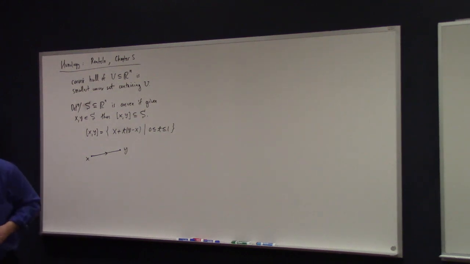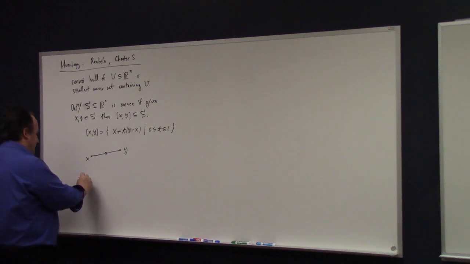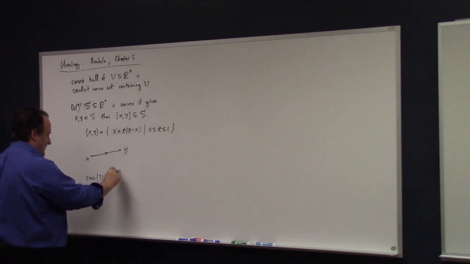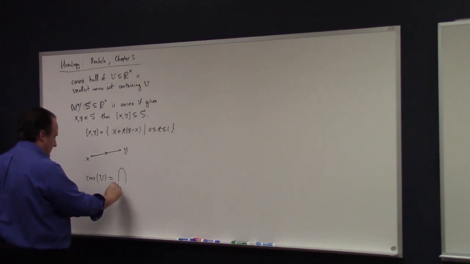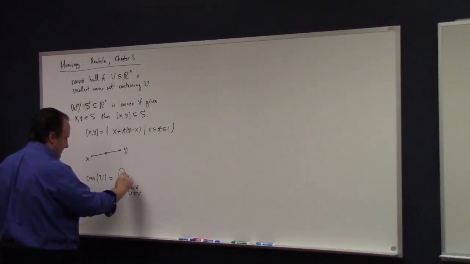So he says the convex hull of U you can define, and in his notation, I don't know if this really matters too much, conv U is equal to the intersection over all convex V such that U is a subset of V, right?